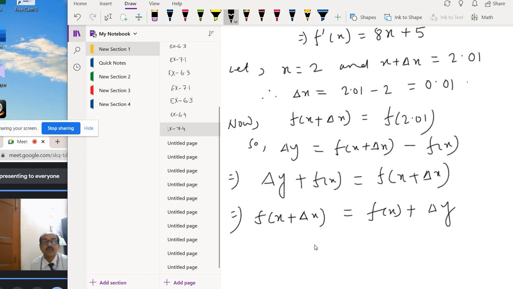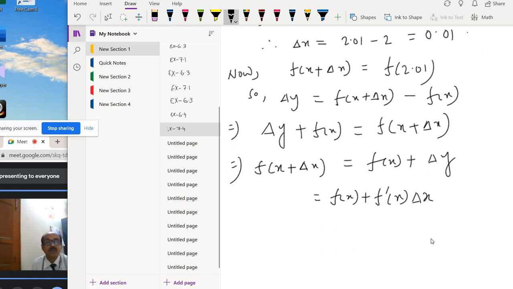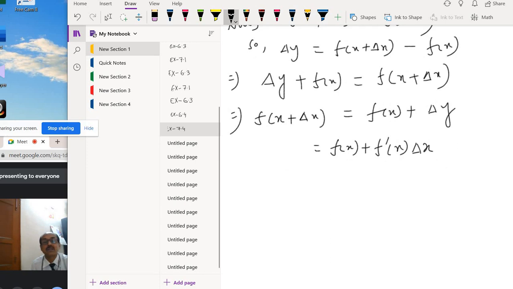So this equals f(x) plus delta y, equal to f(x) plus f dash x delta x. Okay, we know this, delta y equals f dash x delta x.